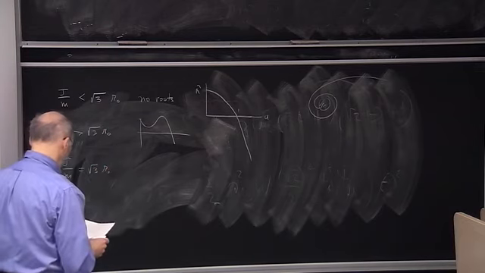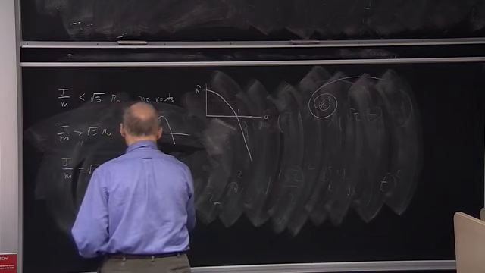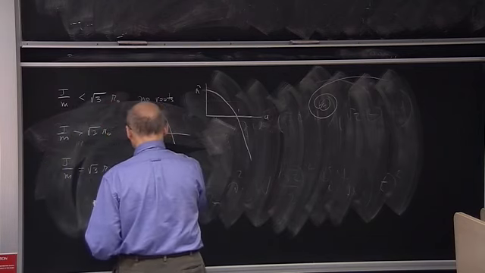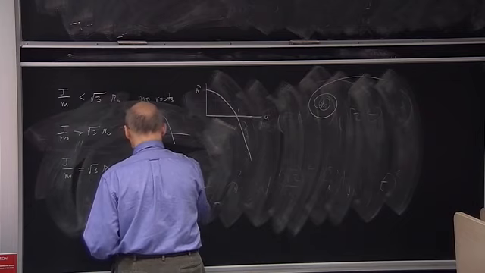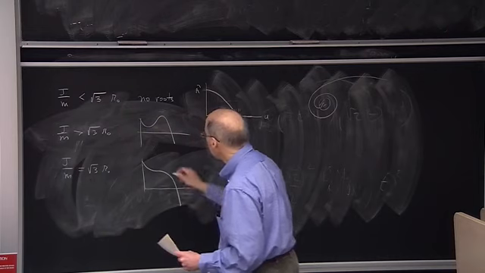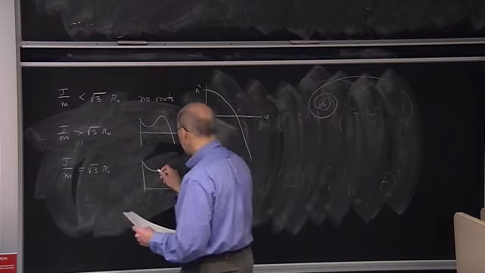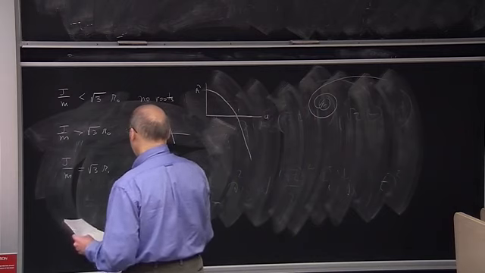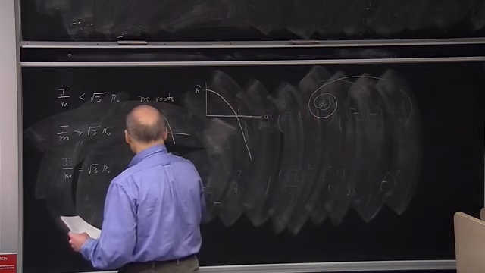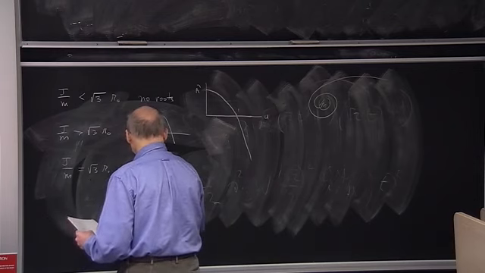So this is the critical case of the marginally stable. We'll have a point of inflection here, where the slope is 0. And if you work it out, this comes at u equals 1/3.